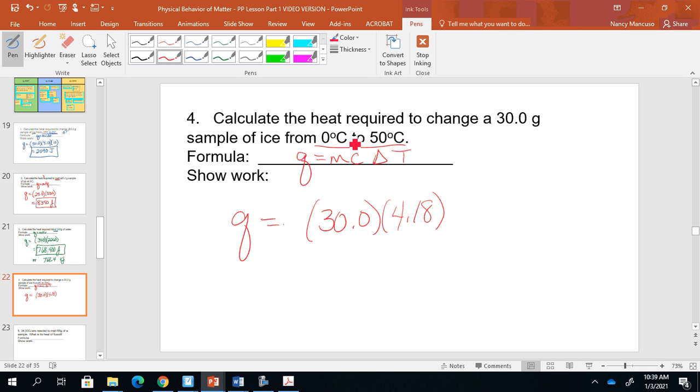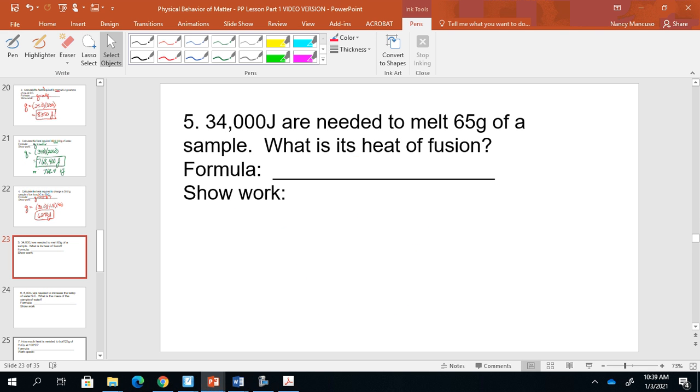Change in temperature, going from 0 to 50, is a change of 50 degrees. I do the math: 30 times 4.18 times 50 equals 6270. All right, I go to the next one.